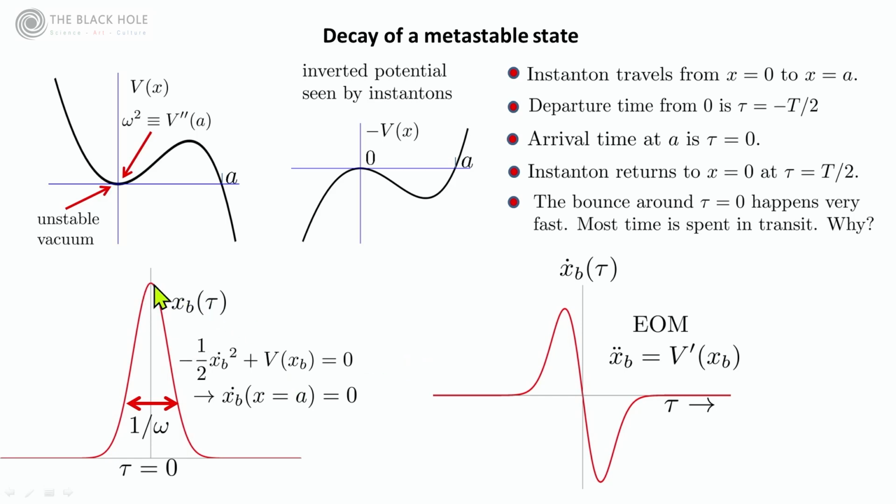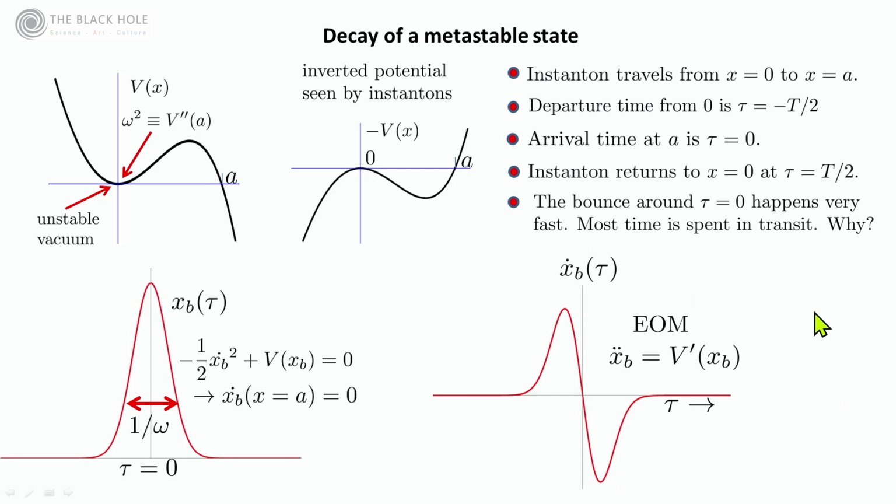At this point here, the derivative is 0, and that's why xb dot is 0 over here. And then further away, it'll also become 0, but here the derivative is increasing, and so it's increasing and then decreasing.